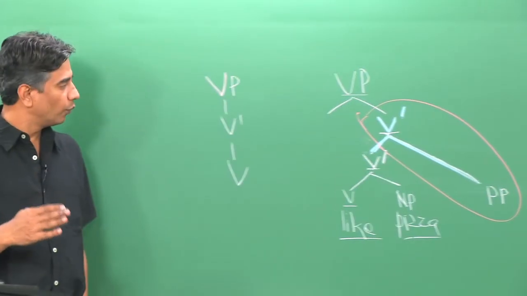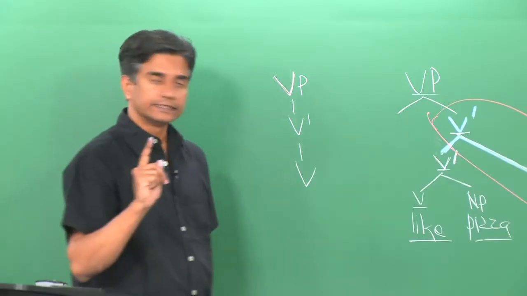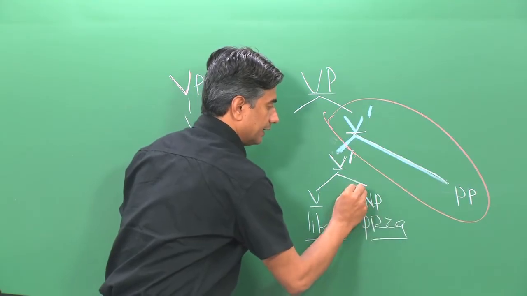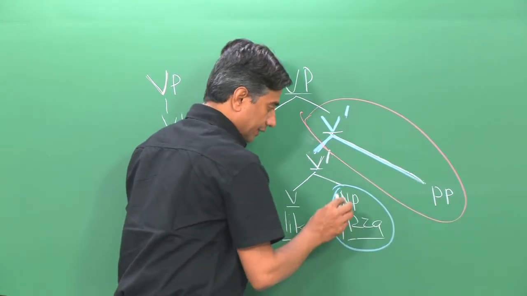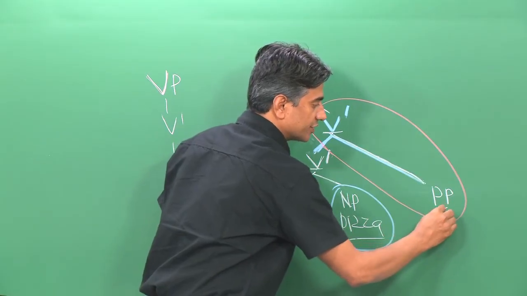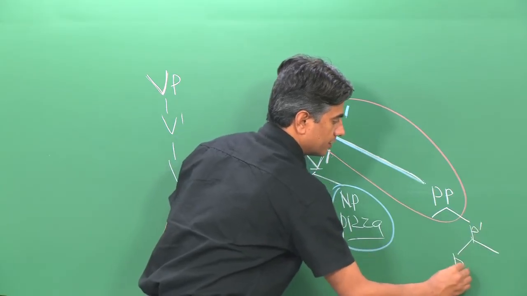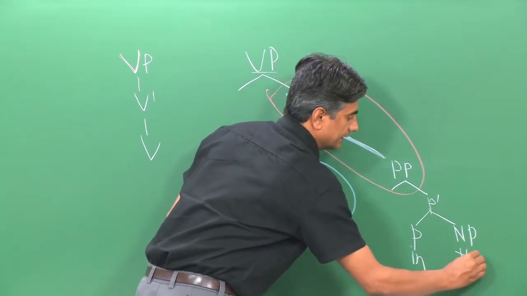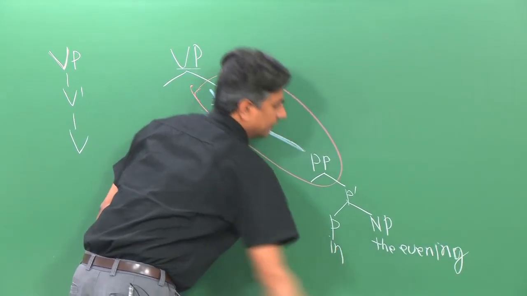Now we want to see what this buys us. This space simply tells us the relationship between pizza and the relationship of this NP with respect to this PP, which is in the evening.